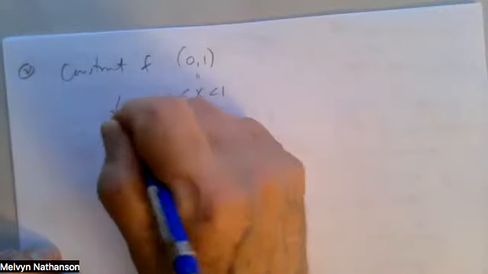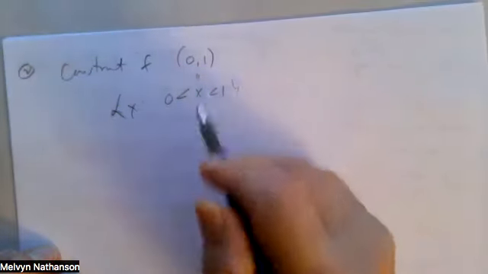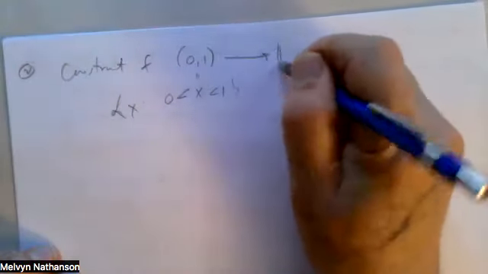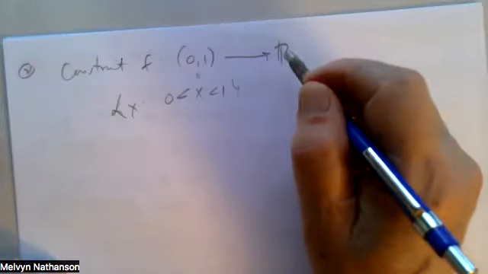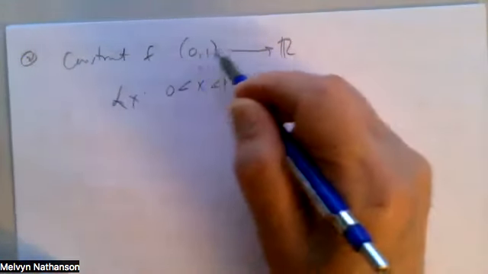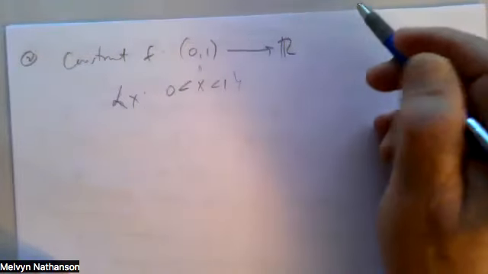So this is the set of all x strictly greater than 0 and less than 1. So in set notation, the set of all x such that x is strictly greater than 0, strictly less than 1. And we want to find a one-to-one correspondence, or we will show that a certain function is a one-to-one correspondence from the open interval to R.